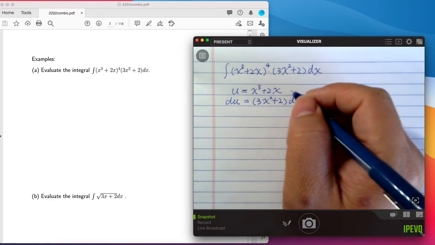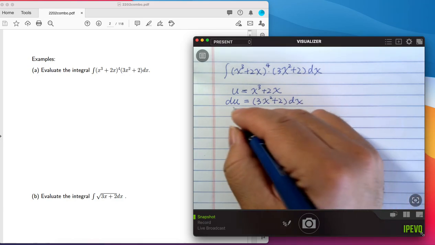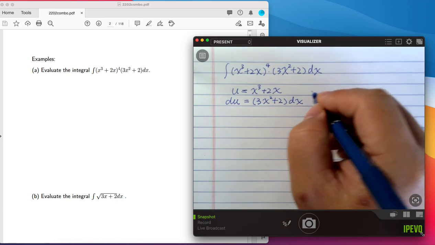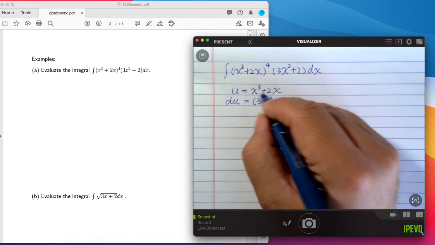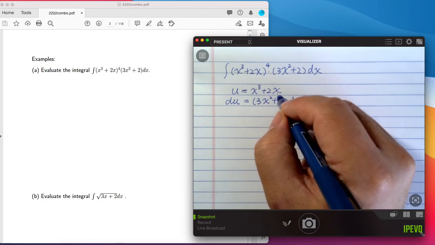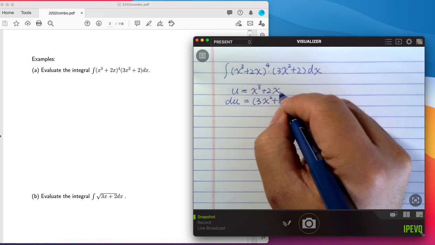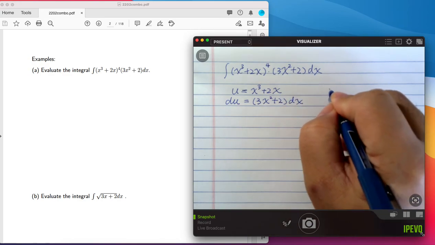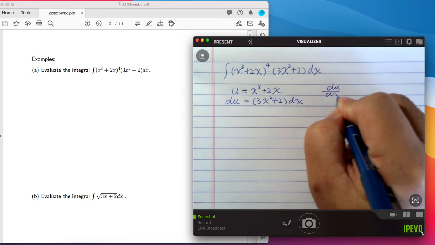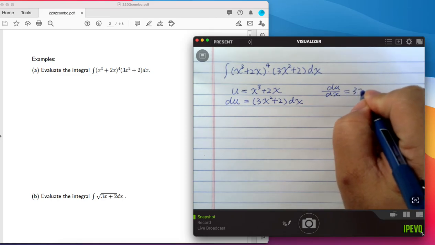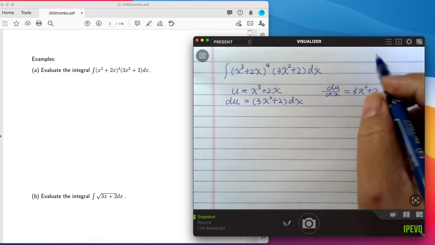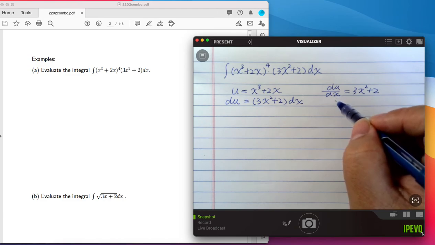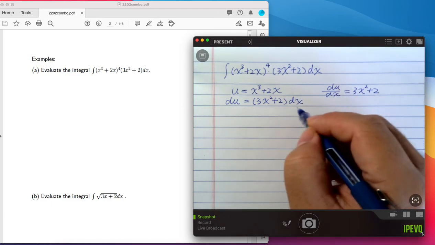Students might get confused: where is this equation from? Since u is a function of x, remember what we just talked about. If you take the derivative with respect to x, you get du/dx equals 3x squared plus 2. And if we treat du and dx as differentials, you will get this immediately.